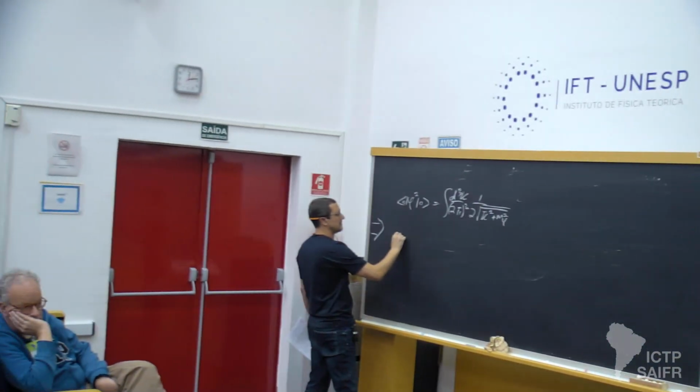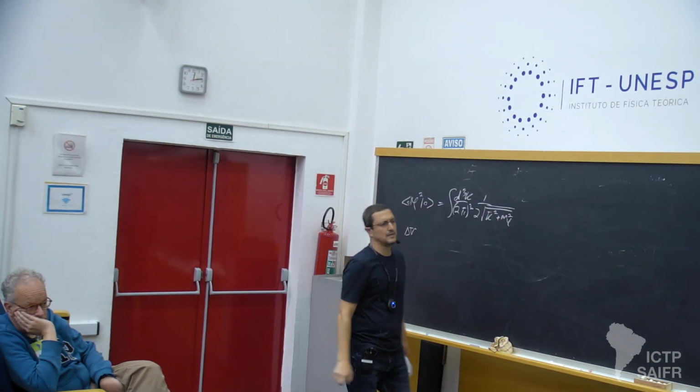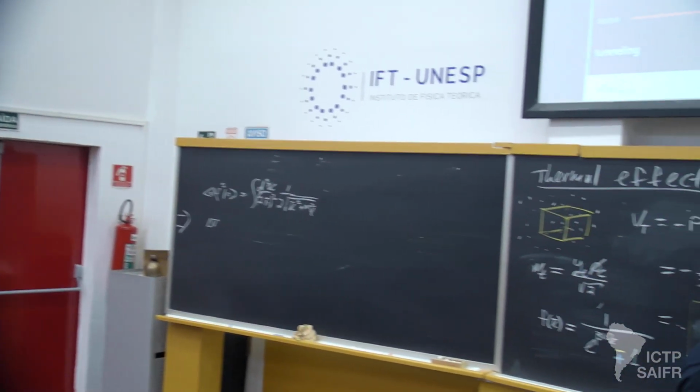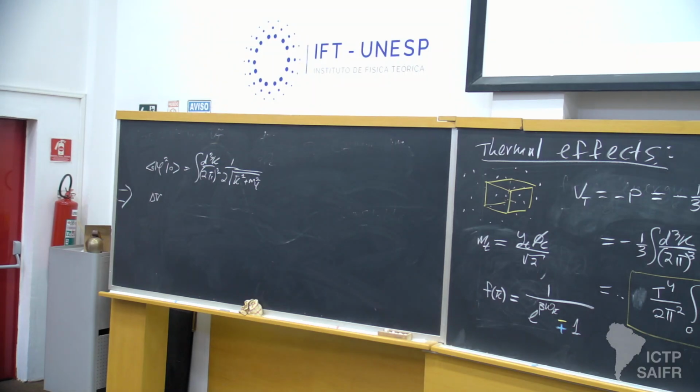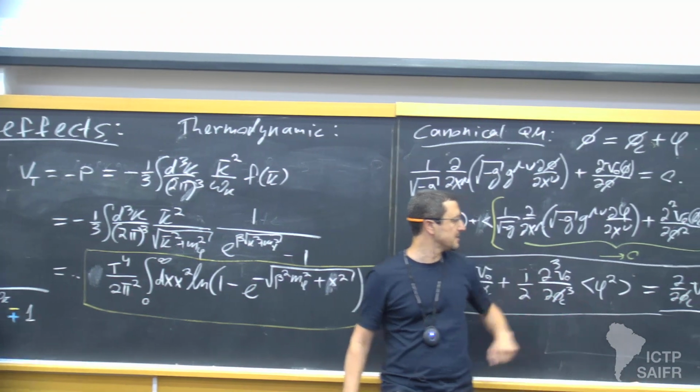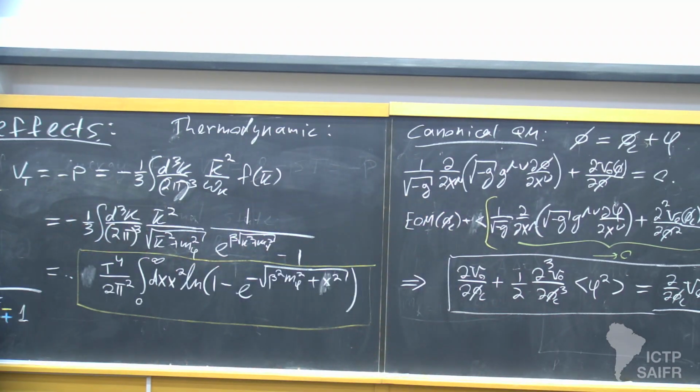Our correction, let's call it delta V, this term, this is the new term. This was V0. We know what it is. This is the new term. That's the part that depends on phi squared. So that's what I need to compute. Let's call it for a moment delta V.